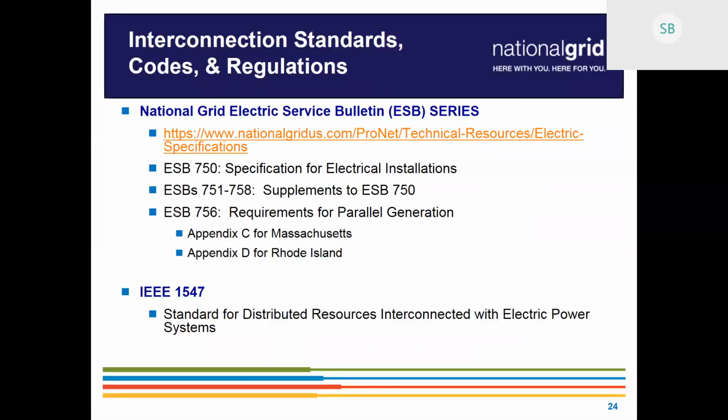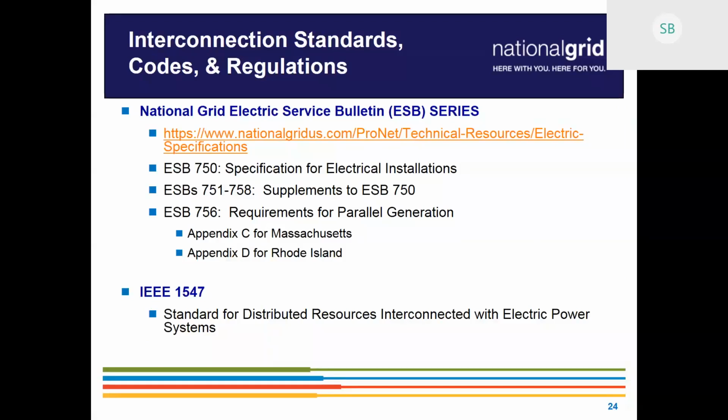The other main components to look at and be aware of are ESB 750, which has a general interconnection standard for anybody looking to connect, whether you're a load customer or a DG customer. And then 751 through 758, I just list them here as supplements because they go through specifics like meter sets and things like that. So it gets into a lot of the details of everything you need.